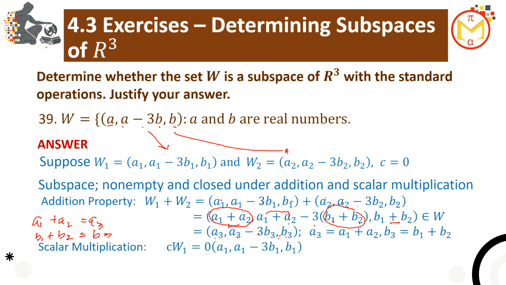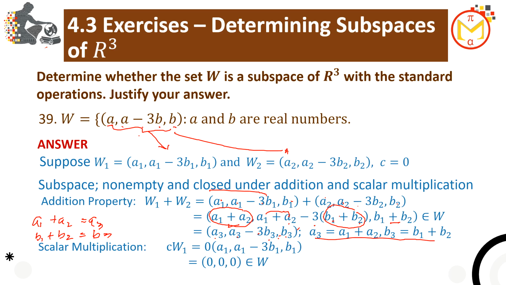So it is in this form, so it is closed under addition. What about the scalar multiplication? When you multiply with 0, then you will have 0, 0, 0. And this one still belongs to W because a and b are any real numbers.